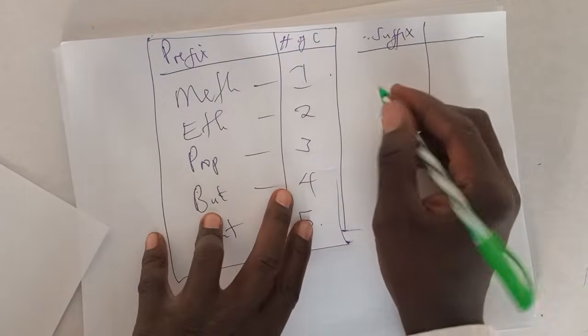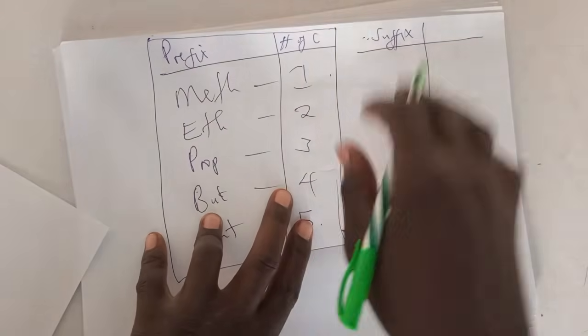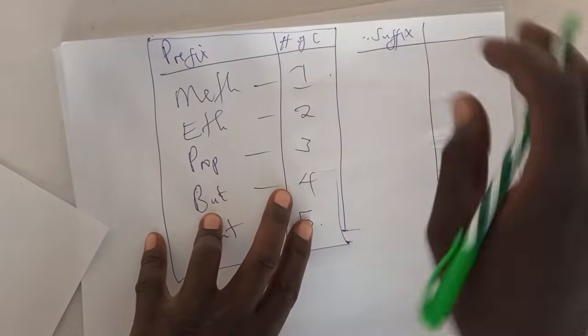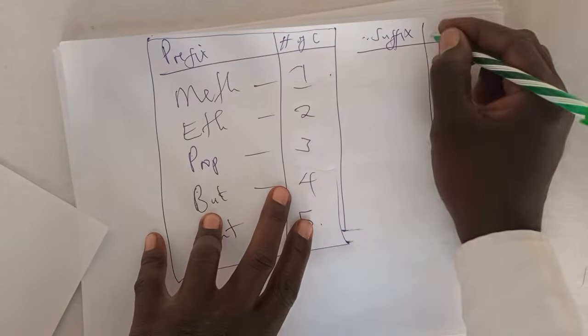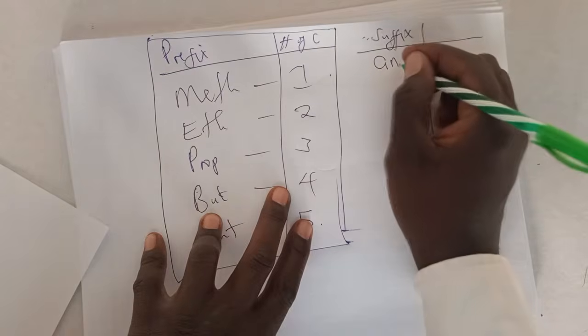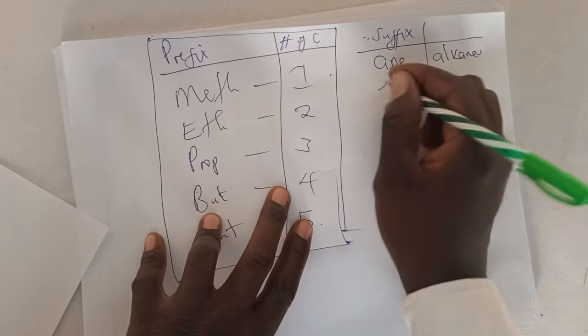Now the suffix basically looks at the family to which an organic compound belongs. For example, the one which ends with ene belongs to the family of alkenes.